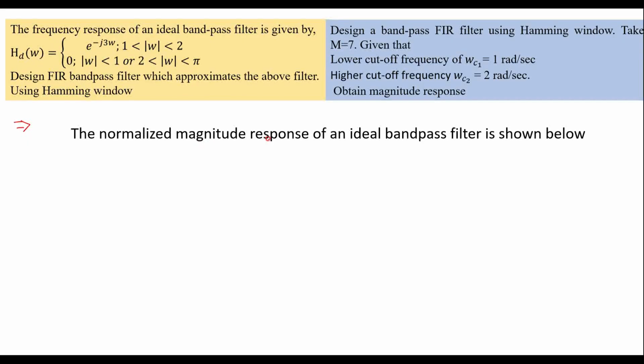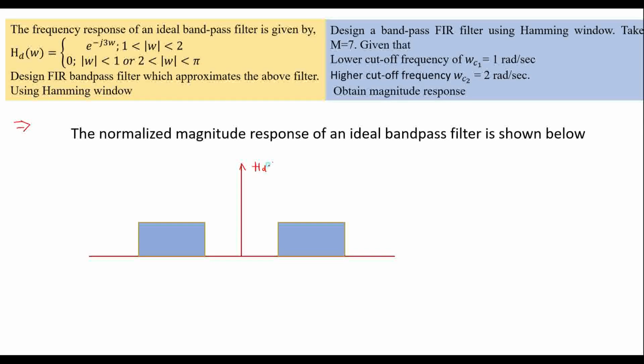The normalized magnitude response of an ideal bandpass filter is shown below. So here we know that this is the magnitude, which is represented as HD of omega, also represented as HD of e power j omega. Both are the same.